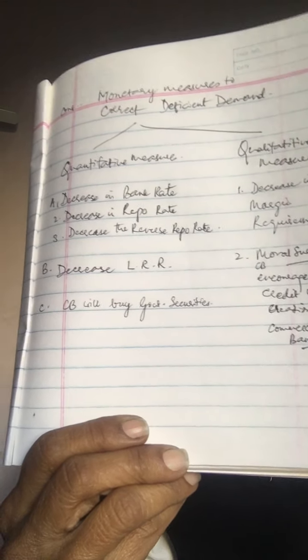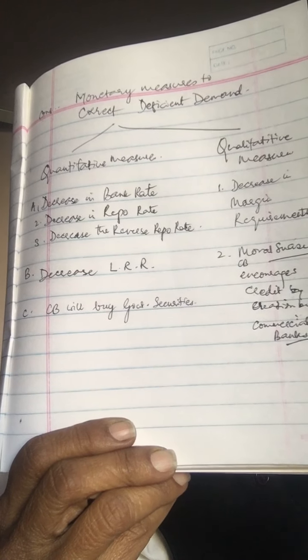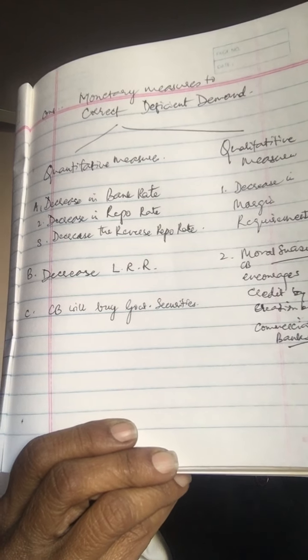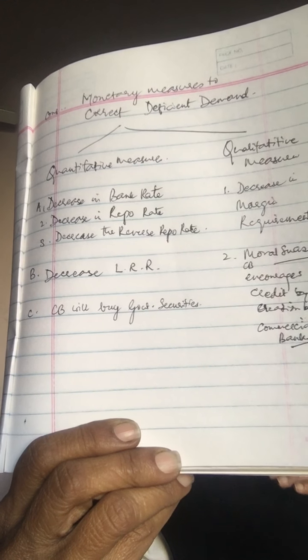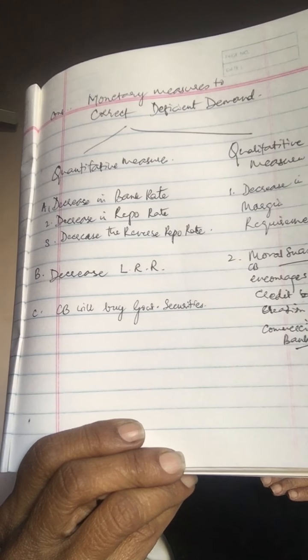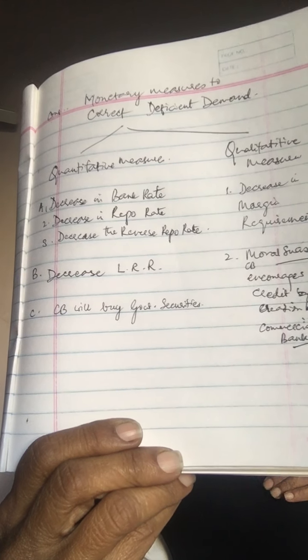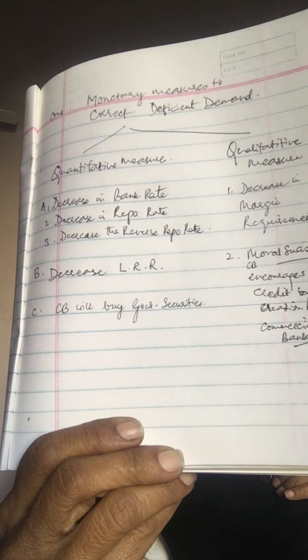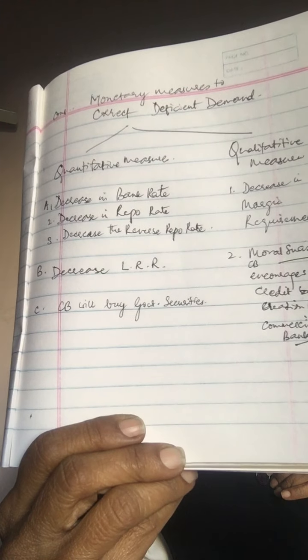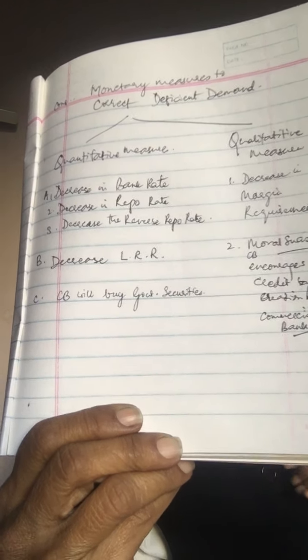Under this, as we know, the central bank sends directives to banks to give credit for certain purposes to particular sectors, and during deficient demand, credit for speculation purposes is withdrawn, and credit is given only for productive purposes.